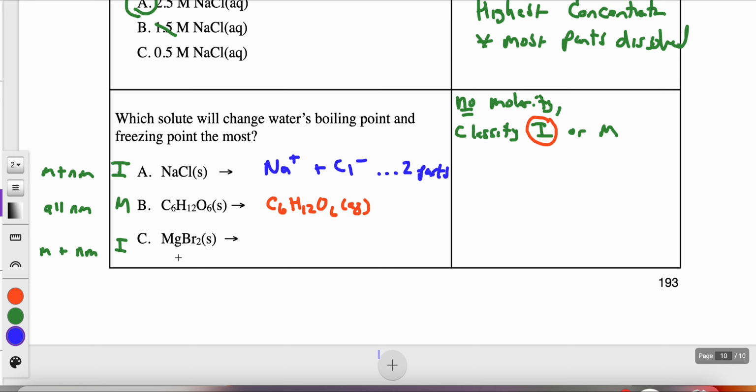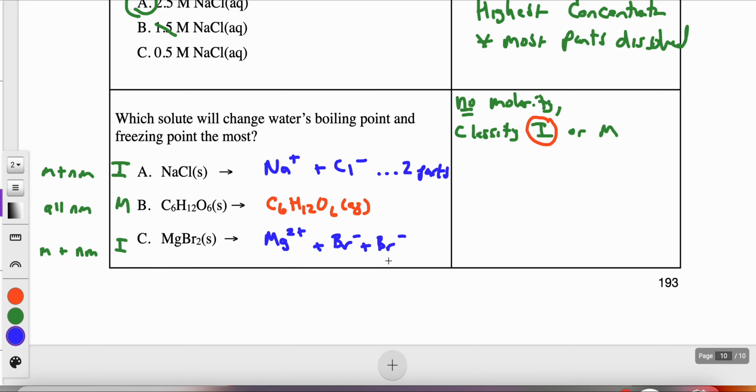And when we take a look at this one, MgBr2, it is also ionic. So when water rips it apart, it rips the cation, Mg2+. And for every Mg cation that it pulls away from the crystal lattice, it pulls away, and I'm going to write it out this way, 2 different bromides.